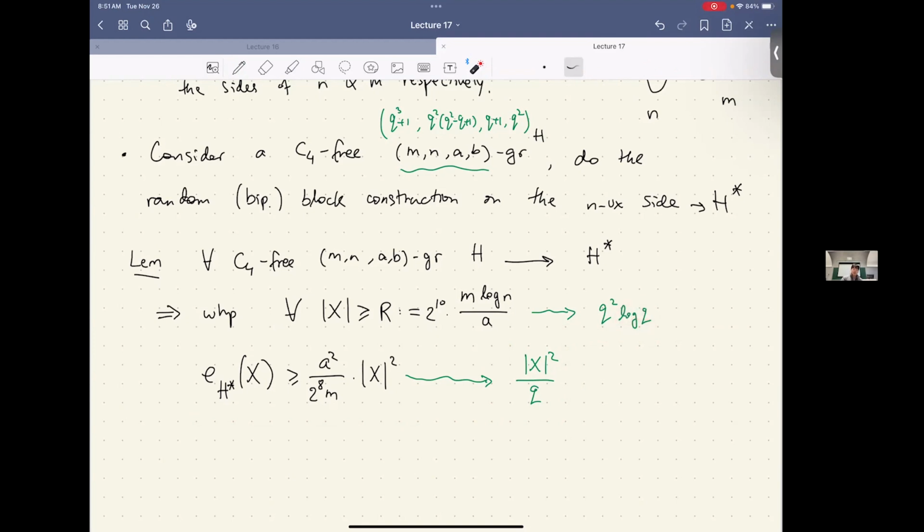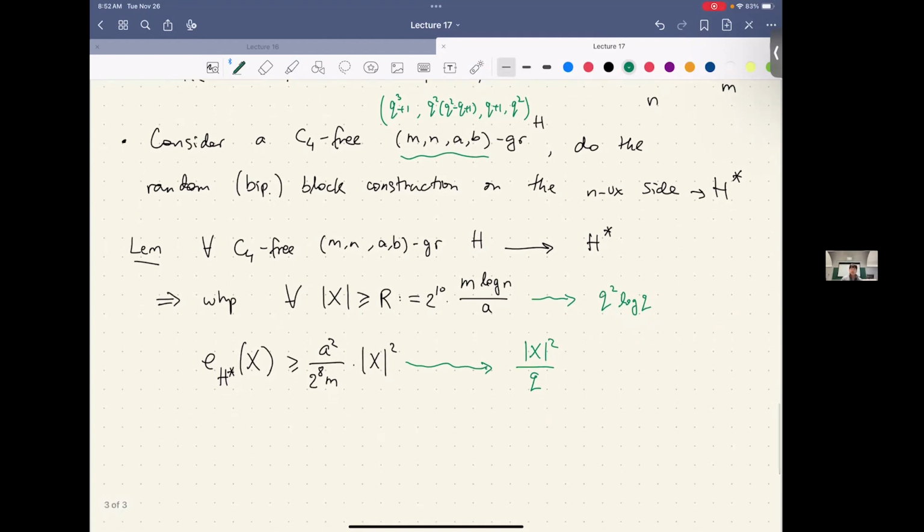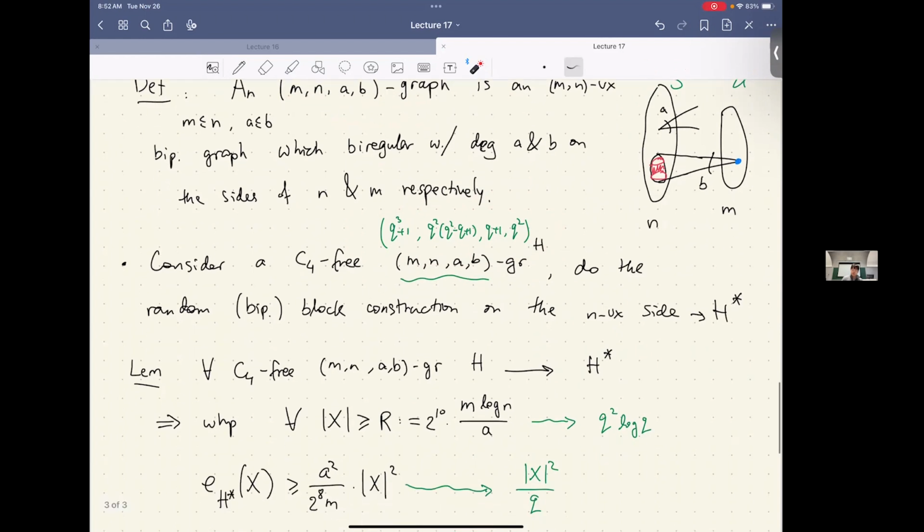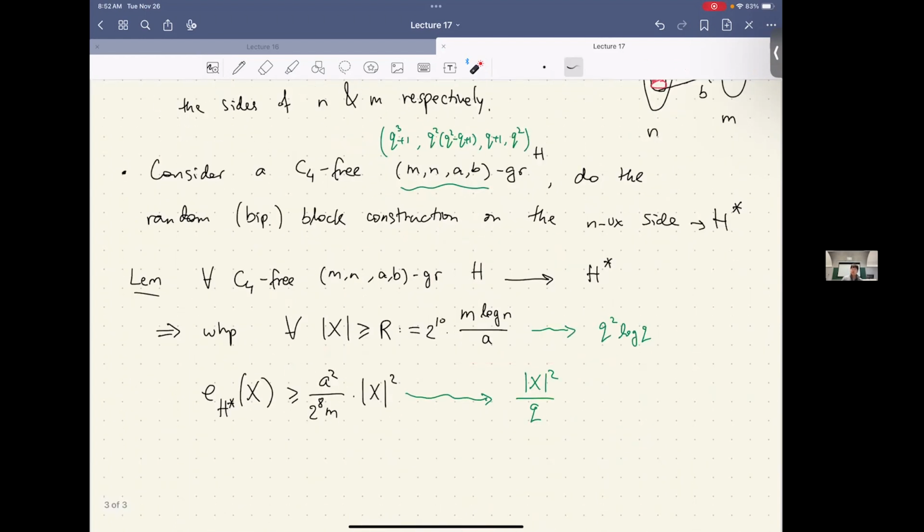So I will leave as an exercise for you to compare this one and the original proof and see where this is more general, because this is for all choices of M and A, B without any structure. Before we have some structure information from these U's and S's, right? Here there's no information. We just know that it's a biregular graph, but still we have such a pseudo-randomness property.